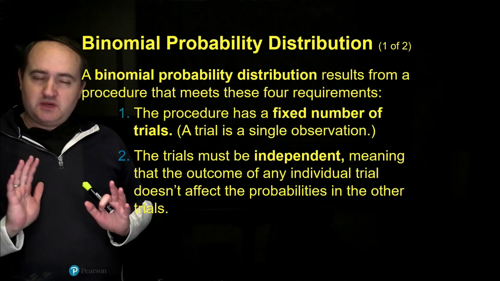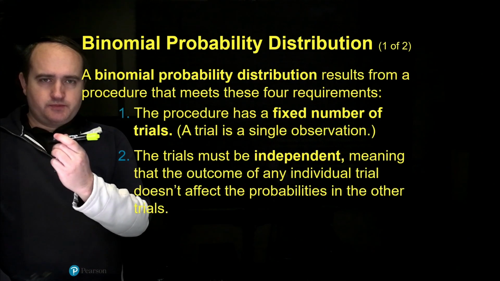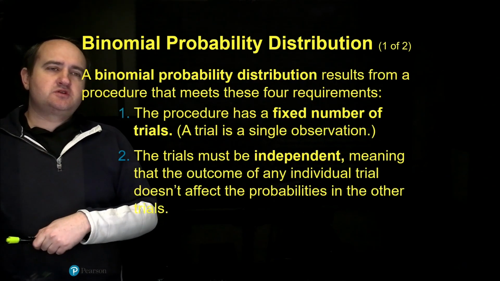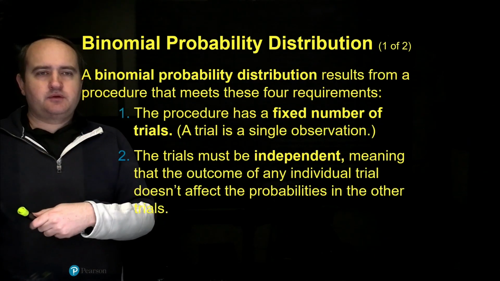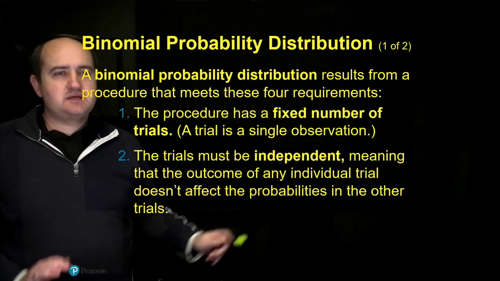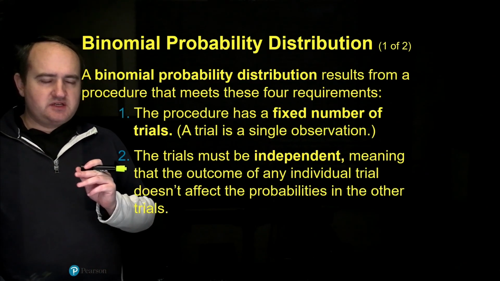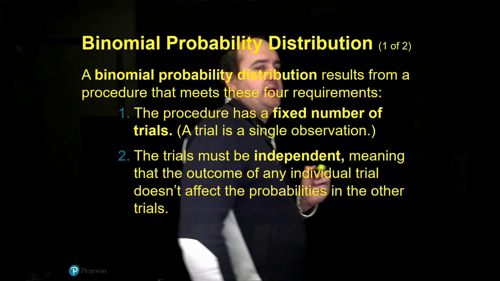So in order to be a binomial probability distribution, there are a lot of conditions. So the procedure has to have a fixed number of trials, okay? And a trial would be a single observation. The second condition is the trials must be independent.